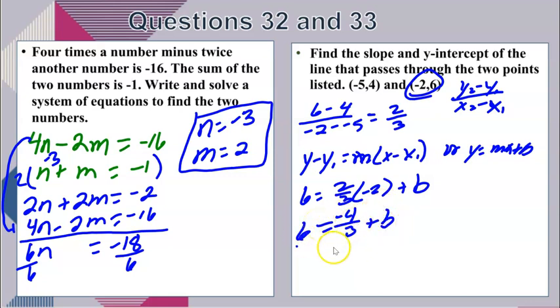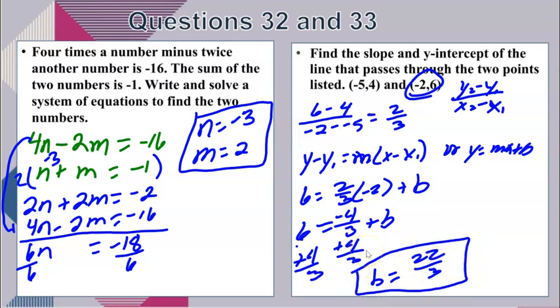To get b by itself, I'm going to add 4/3 to both sides. 6 as in thirds is 18/3. 18/3 plus 4/3 gives us 22/3. So our y-intercept is 22/3 and our slope is 2/3.